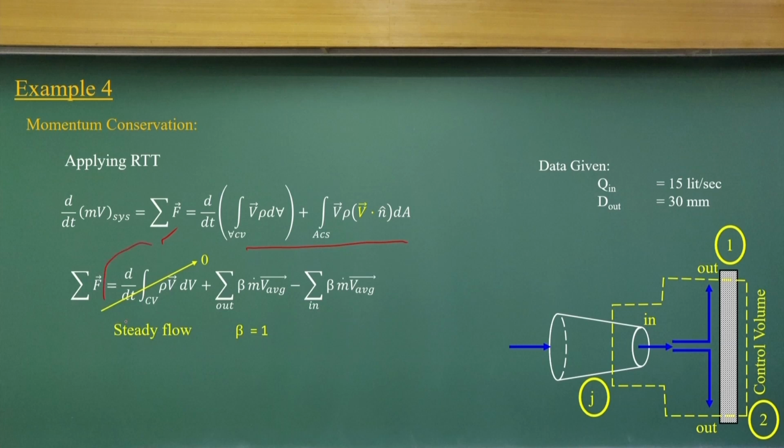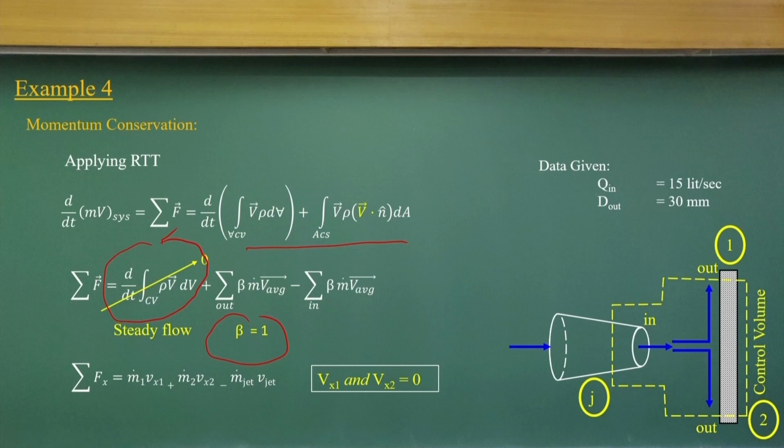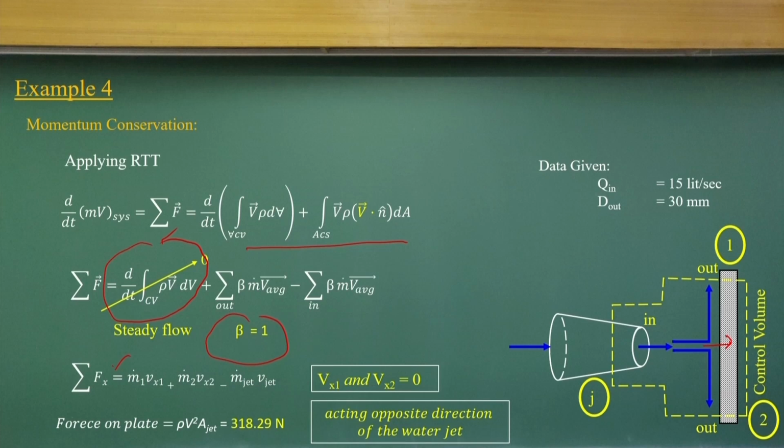Then we simplify: this becomes 0 because of steady flow, beta is equal to 1, and again for the x direction force component, which is what you are computing, the force acting on the plate will be rho v square A z. V we already know, A z is the area of the jet, and that force on the plate acts in the direction opposite to the water jet, and it will be approximately 318 Newton.